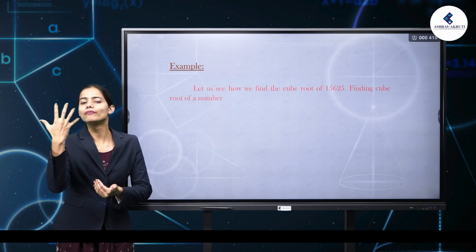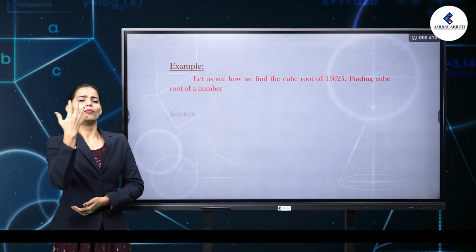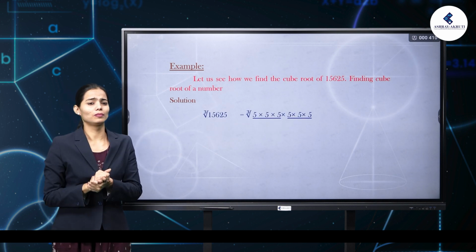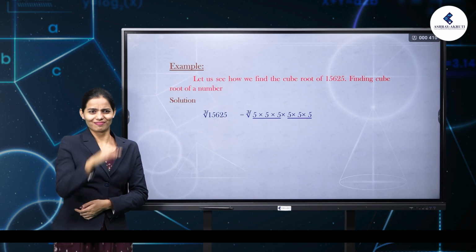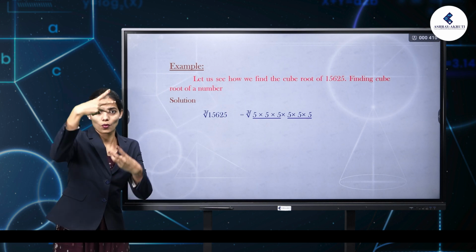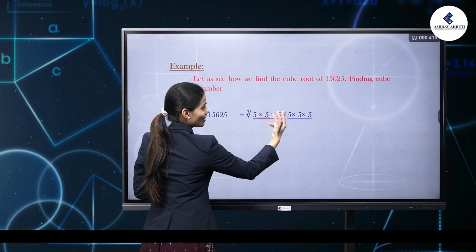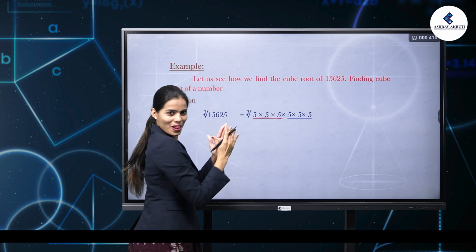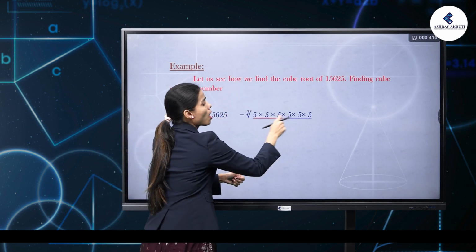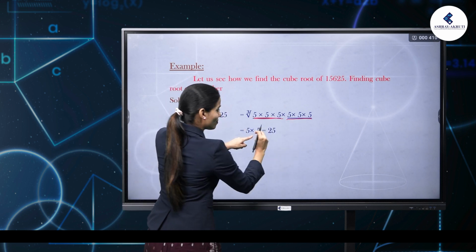Example. Let's see how we find the cube root of 15,625. Finding cube root of a number. Cube root 15,625 is equal to cube root 5 into 5 into 5 into 5 into 5 into 5, is equal to 5 into 5 is equal to 25.